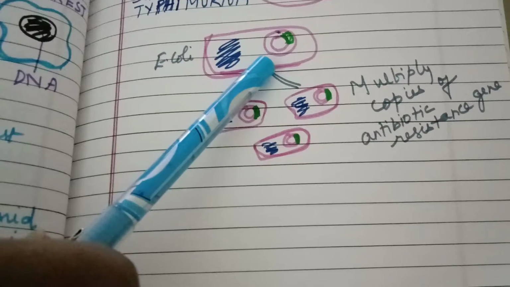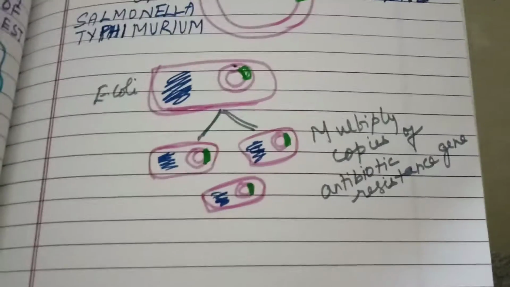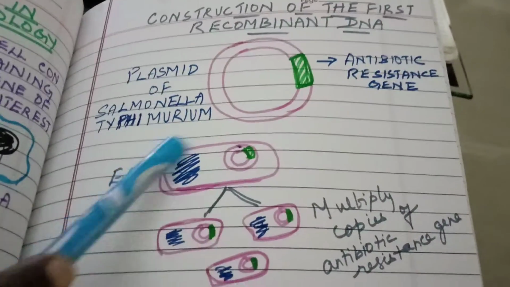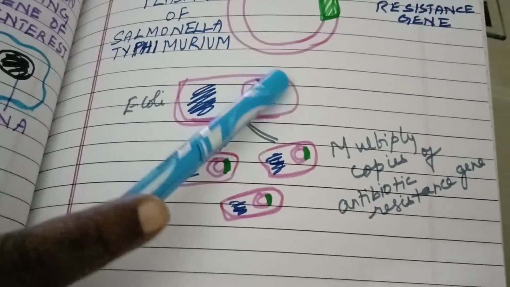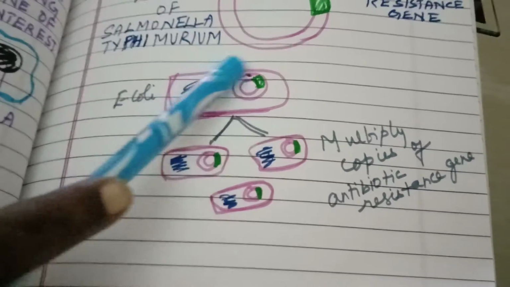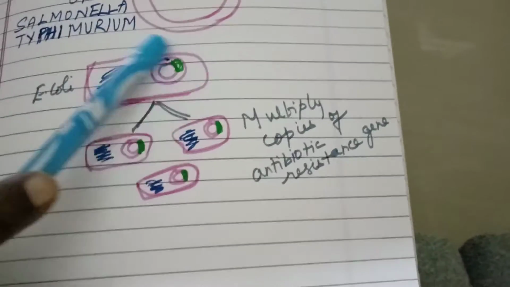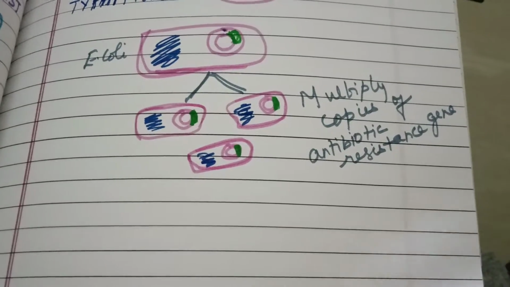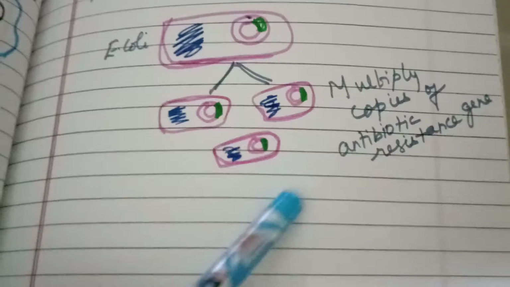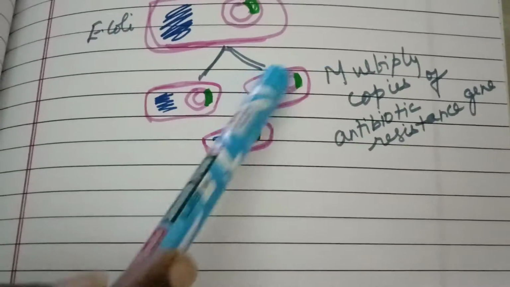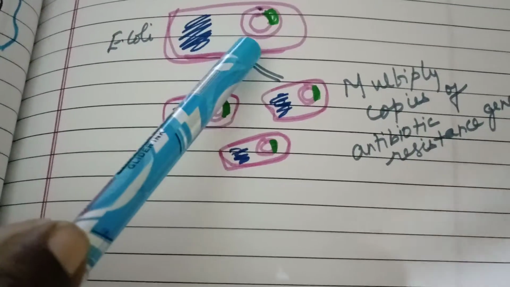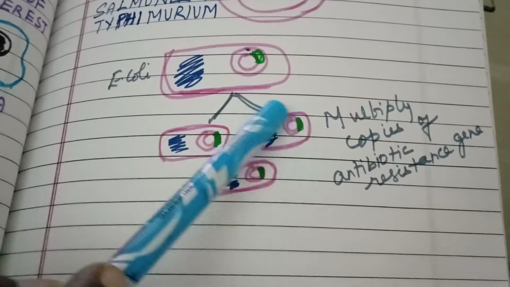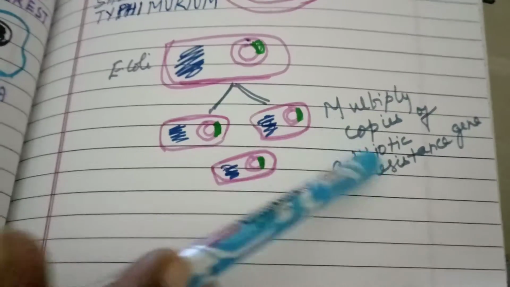When the DNA is introduced into the E. coli host cell, it replicates using the DNA polymerase of the host cell, and makes multiple copies of the antibiotic resistance gene.